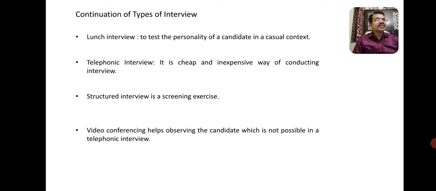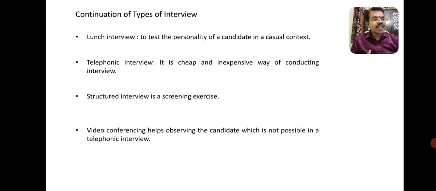So moving further, we have certain basic kinds of interviews, which generally are not very formal in nature, but which try to bring down the element of formality, so that one can put the candidate at ease, make the candidate comfortable, which will go a very long way in building a good rapport with the candidate, and try to get the best out of him.